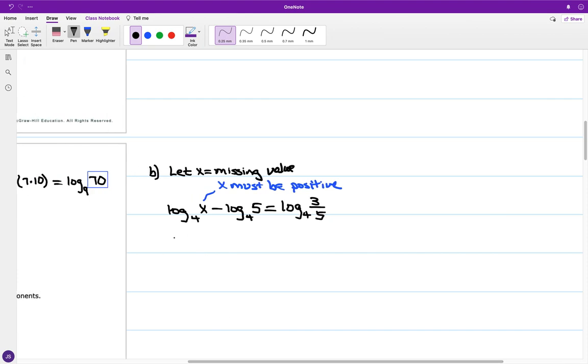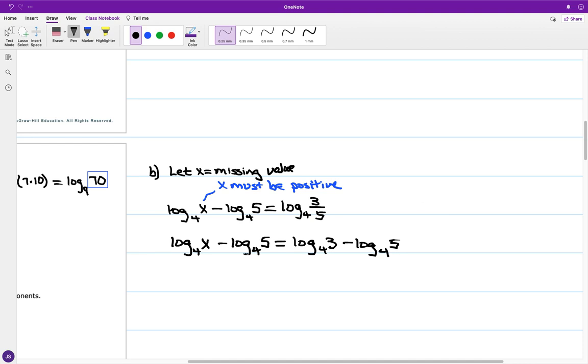Now, I'm just going to expand on the right. So here we're going to have the base 4 logarithm of X minus the base 4 logarithm of 5 is equal to the base 4 logarithm of 3 minus the base 4 logarithm of 5.